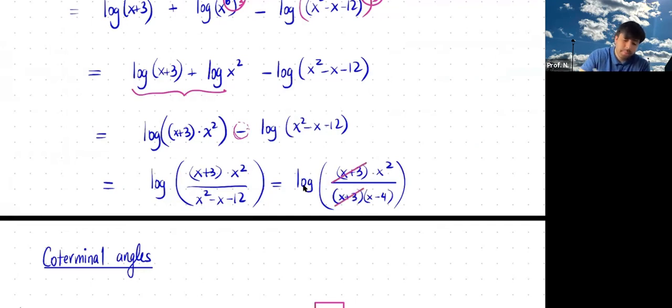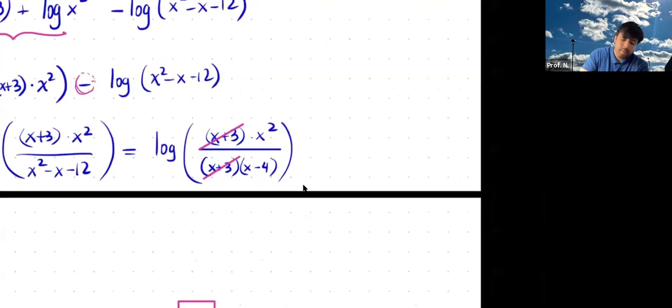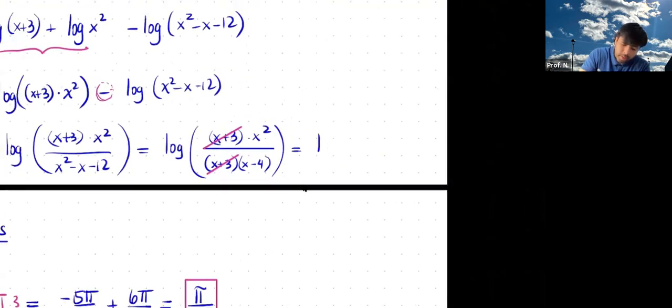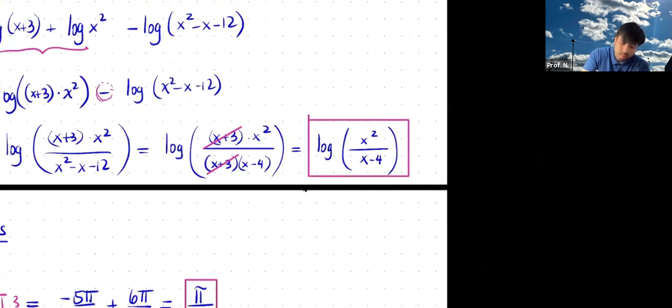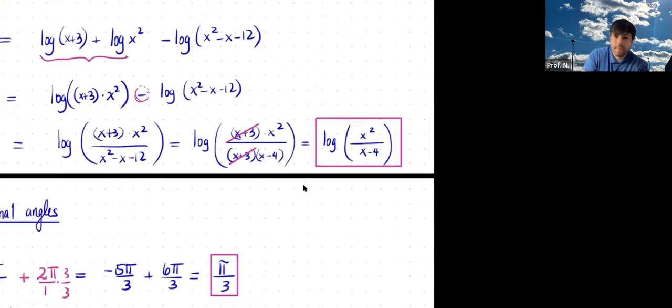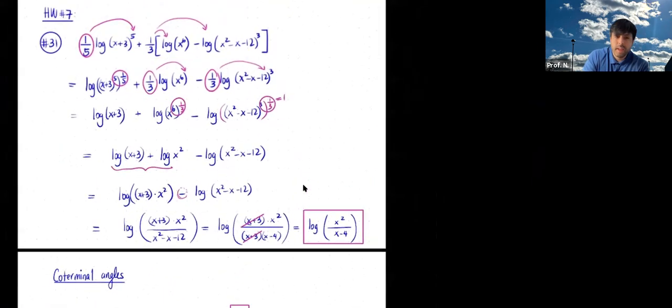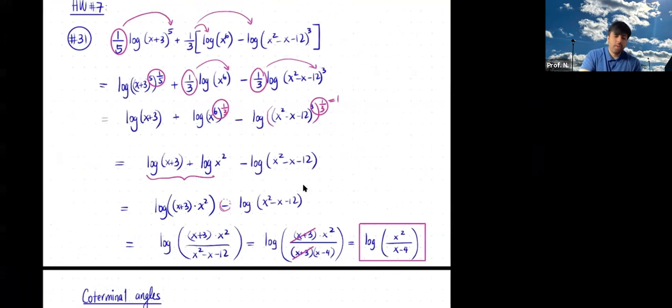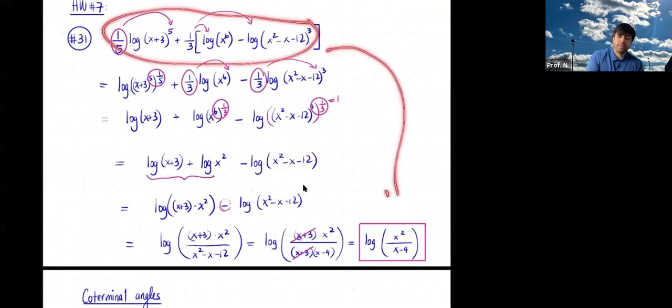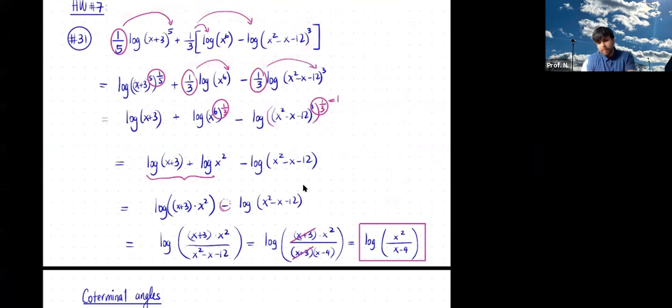And this becomes log of x squared divided by x minus 4. You see that? So we went from that whole expression here to a very simple one, which is equivalent.